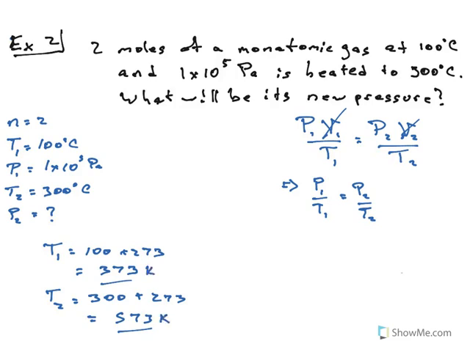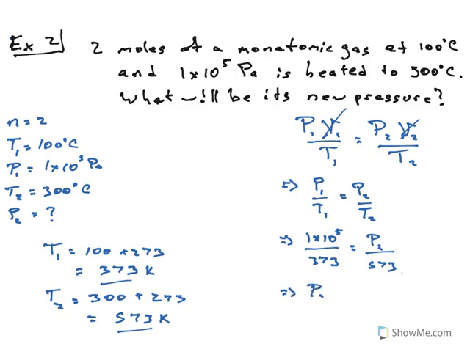Now we're in Kelvin, and so now we can go ahead and use our equation. We started with a pressure 1 times 10 to the 5th, divided by T1, which is 373 Kelvin, equals P2, which is what I'm looking for, over T2, which is 573 Kelvin.